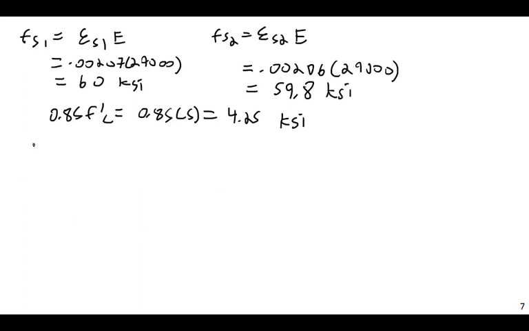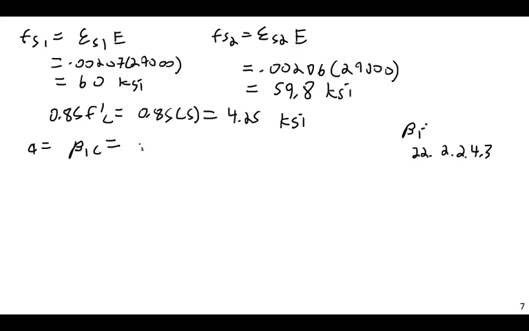Next, I want to calculate the depth of the Whitney stress block. If you remember from previously, it was beta 1 times C, where beta 1 is a factor. Let me remind us of the citation on this. Beta 1 is a factor from 22.2.2.4.3. And if you see, we do have concrete in the range where we need to slightly adjust beta 1.